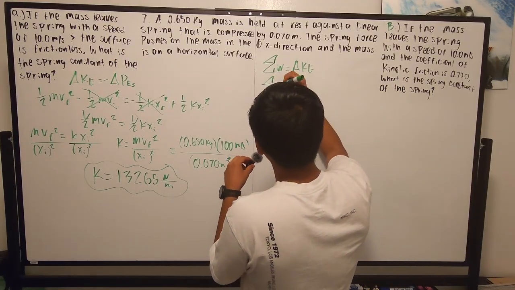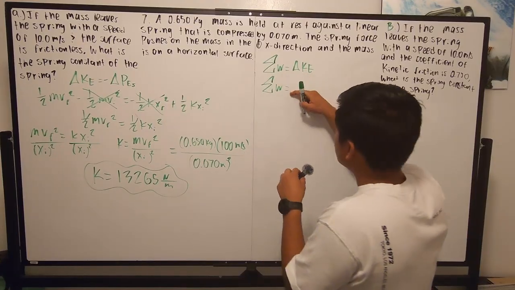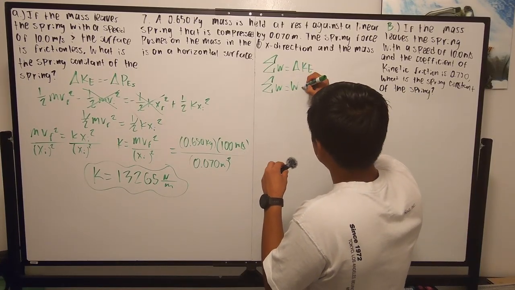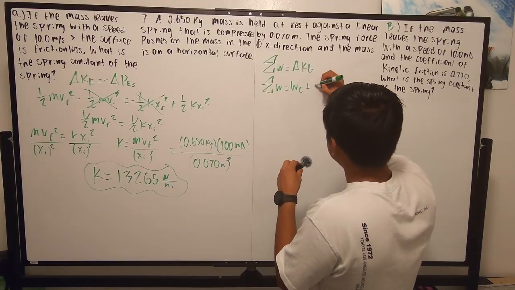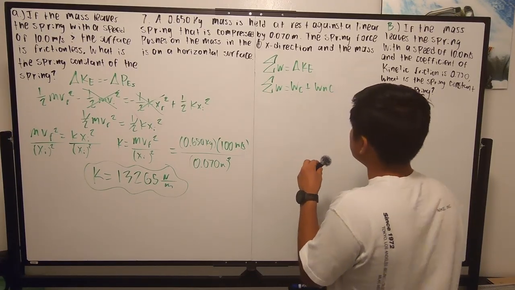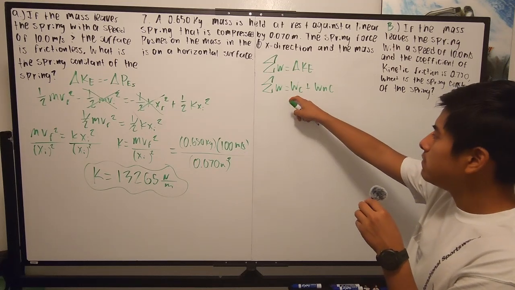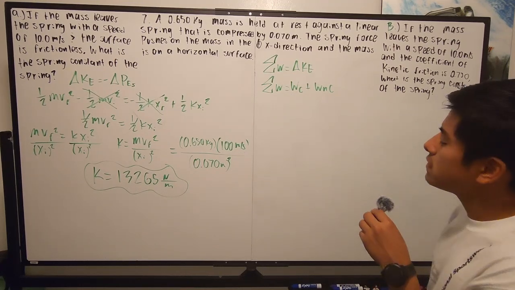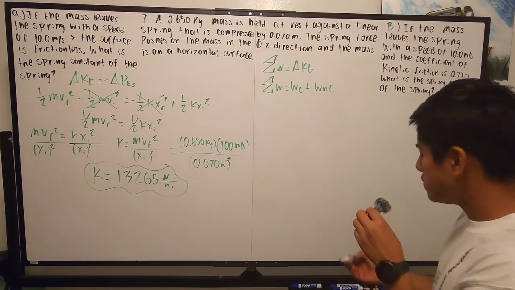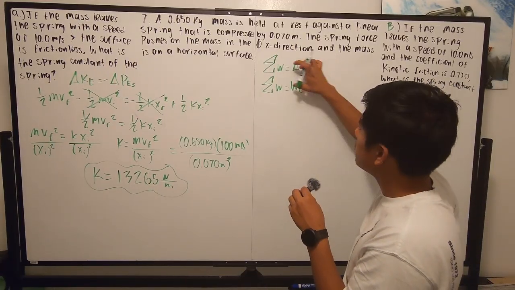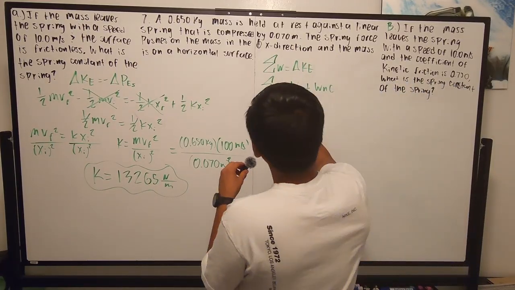So the sum of all my works is going to be equal to my work done by the conservative forces plus the work done by the non-conservative forces. In this case, the work done by the conservative forces will be my spring. The work done by the non-conservative forces is going to be the force done by kinetic friction. Now I'm going to set these two equal to each other because they're equal to the same thing.